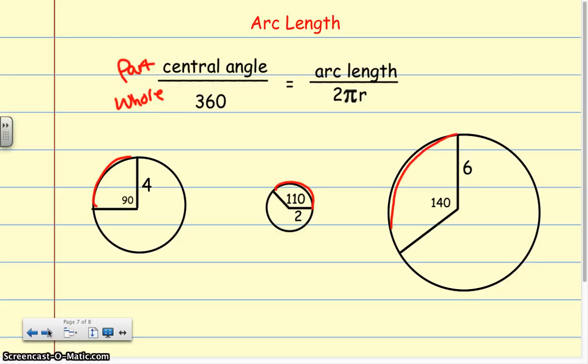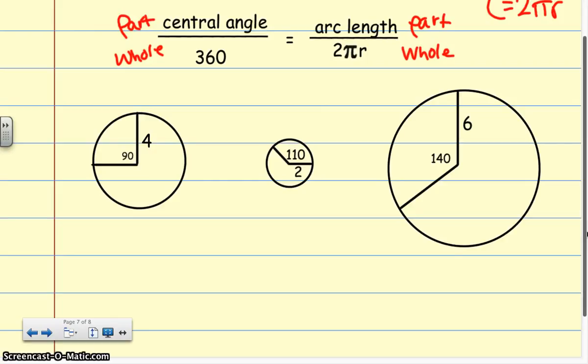It's a part of a circumference. So arc length is a part, and 2 pi r, well that's the circumference of a whole circle. The circumference of a circle is 2 pi r. So I can find my arc length given my central angle and my radius.